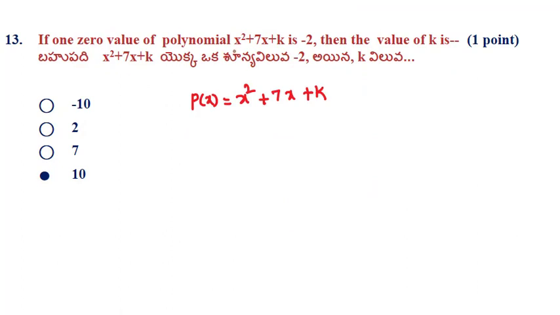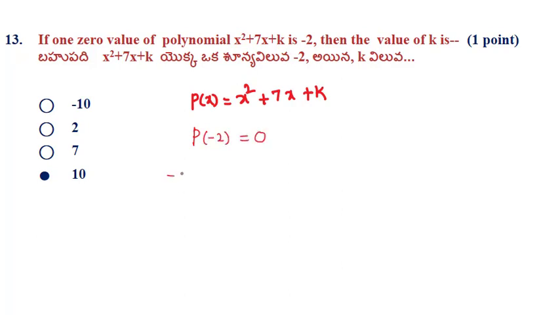If one of the zeros of x square plus 7x plus k is minus 2, then find the value of k. Let the given quadratic polynomial be p of x, and minus 2 is the zero of p of x. So p of minus 2 equals 0.